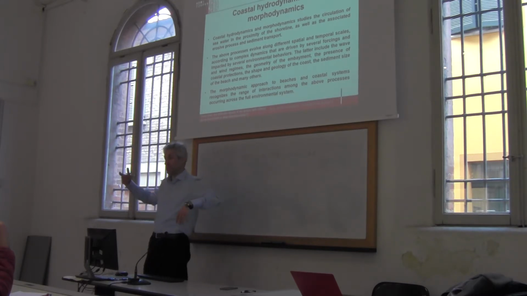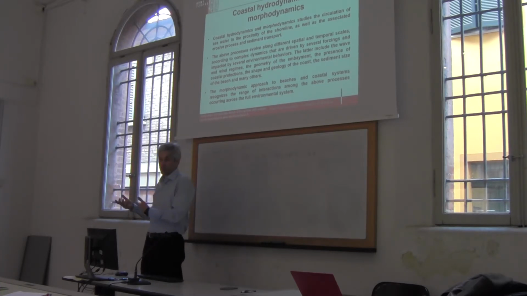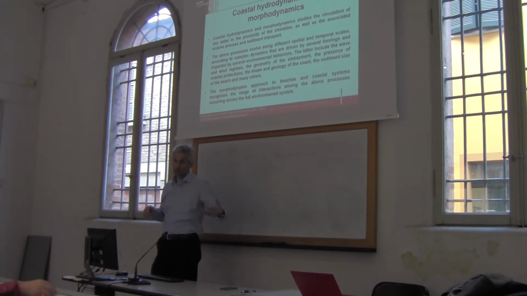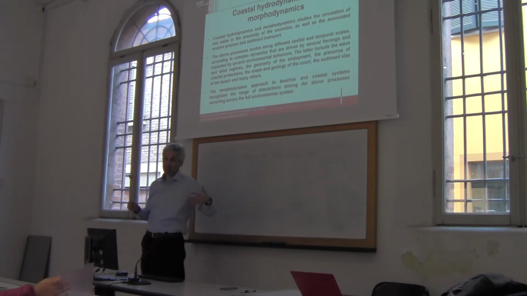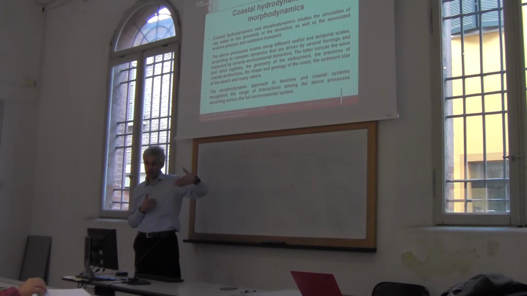We all know that beaches are eroded mainly during winter. And the reason why they are eroded during winter is that during winter we have the sea storms that are more important. And usually much of the beach erosion occurs during sea storms. So there is a seasonal change. And this is taking place according to a seasonal time scale.